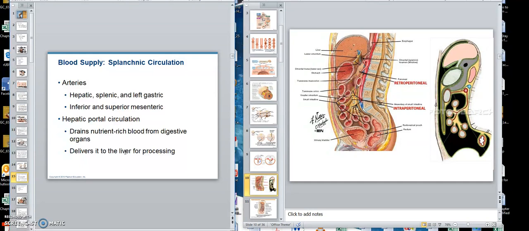It does not go directly. Putting too much fat into the circulation would cause severe problems. So water-soluble things, like your amino acids and carbohydrates, will go through the hepatic portal circulation into the liver.